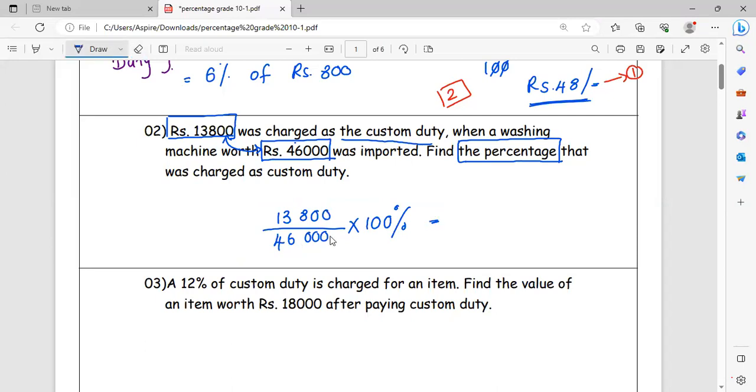Then when you calculate this one, you can cancel the zeros like this. And now it's remaining 1,380 divided by 46.